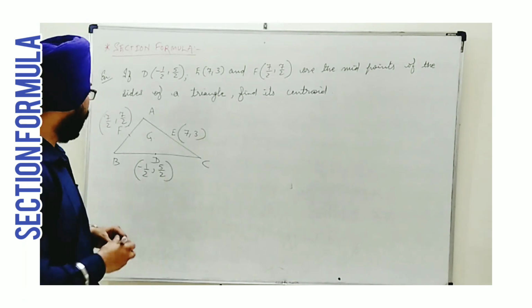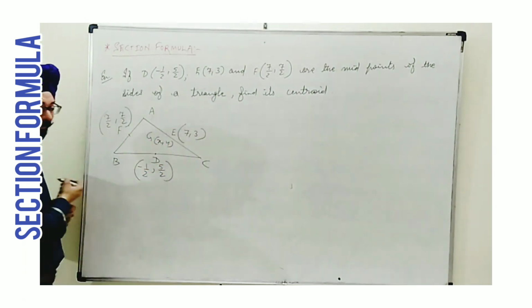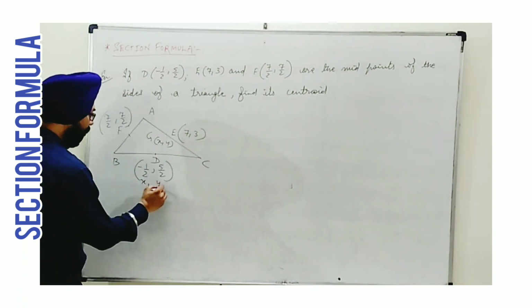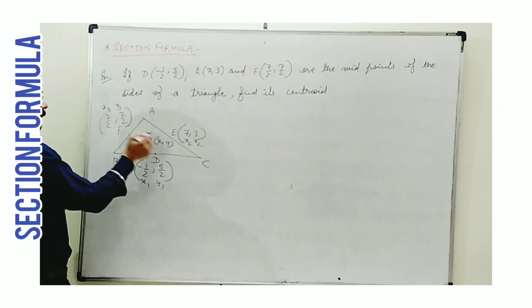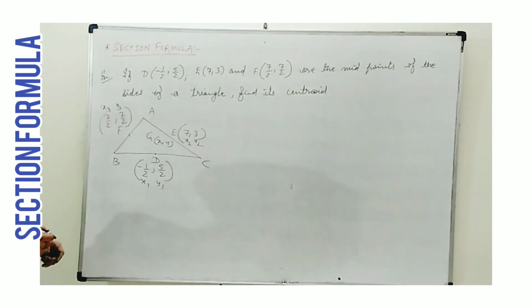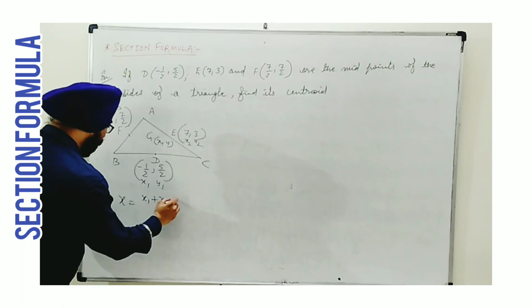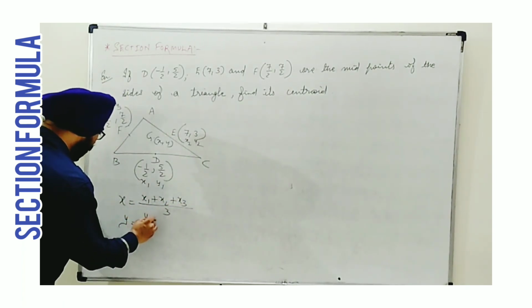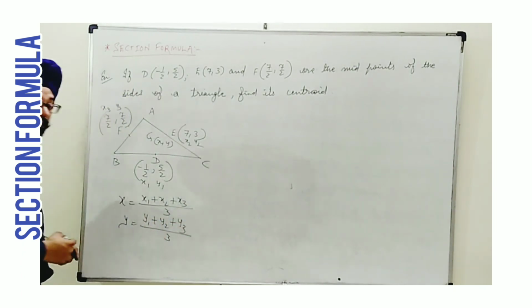What I mean to say is, if I consider G as x, y, the centroid, you can start with one point x1, y1, x2, y2, x3, y3, which are the midpoints of sides, not the vertices. Still, using the centroid formula, what was that? x is equal to (x1 + x2 + x3)/3, y is equal to (y1 + y2 + y3)/3.